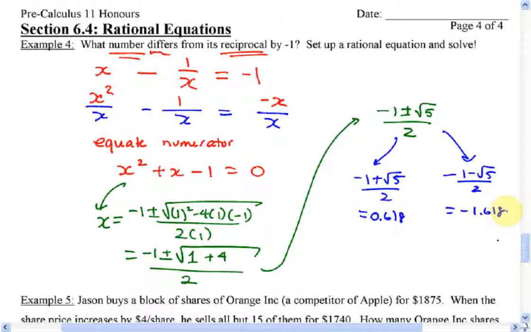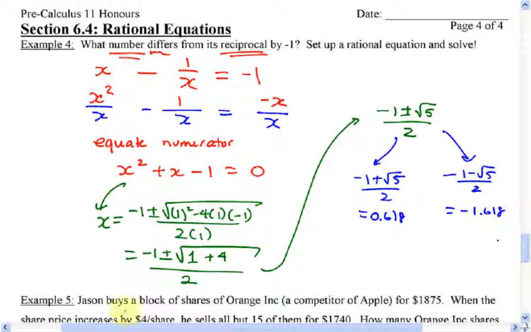What I'm saying for example number 4 is that if you take one of these values, the 0.618, and plug it into the original question, x take away 1 over x equals -1, you should find that the left side equals -1.